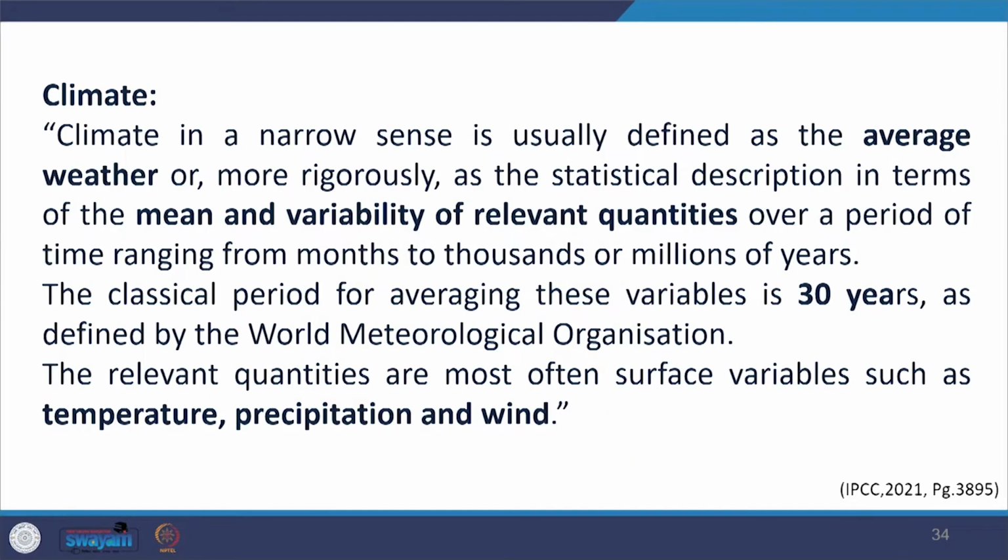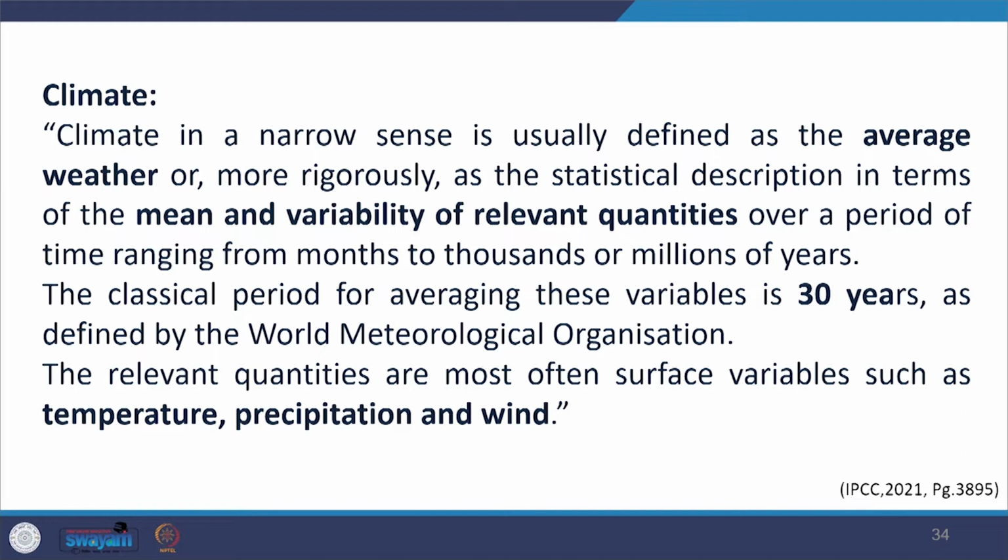Now looking at the term climate, as given by the IPCC, in a very simplistic way we call it average weather. In statistical terms, we look at the mean, the average, and the variability of the relevant quantities over a period of time, and this period can range from months to thousands or millions of years.